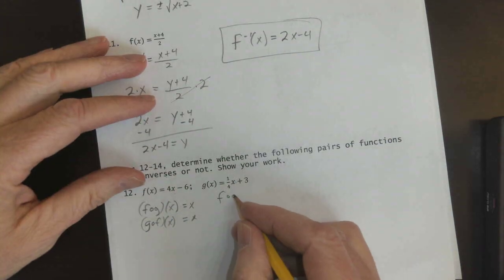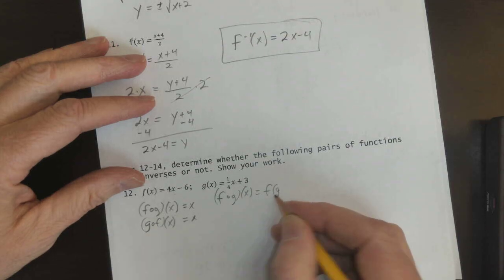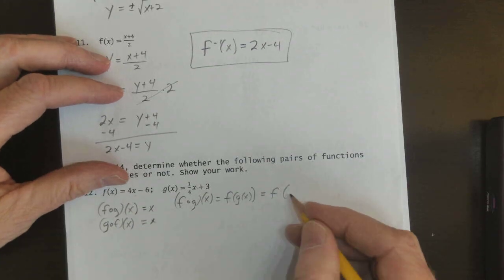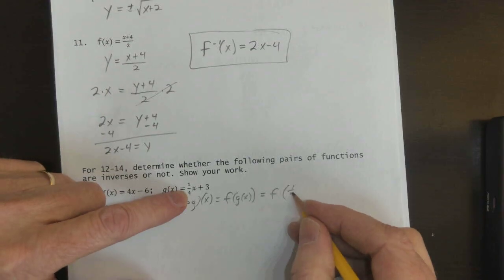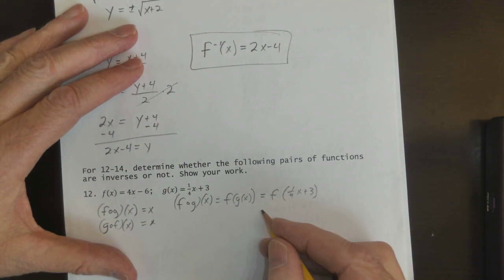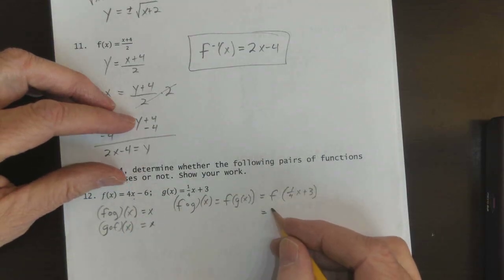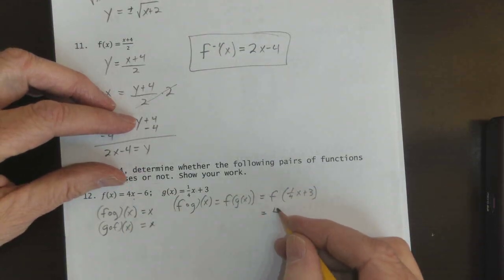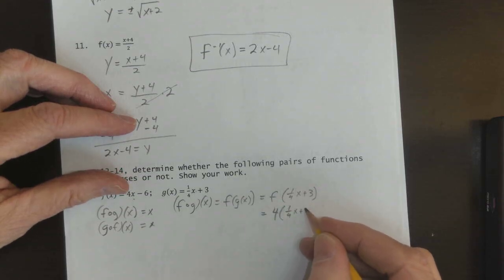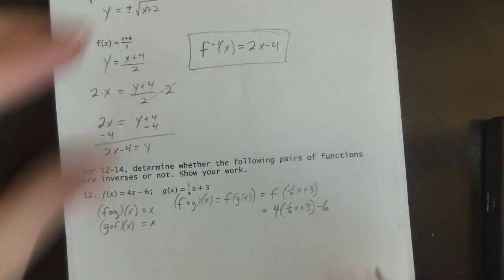Are they inverse functions? F circle g of x is f of g of x, which is f of 1/4 x plus 3. Okay, the f function. So we're going to take 4, put in 1/4 x plus 3, and then subtract 6.